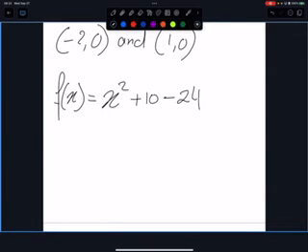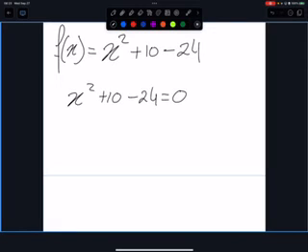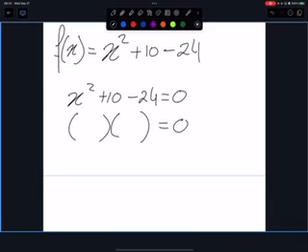Yes? So, they ask you, find the root of this equation. How should you make it? Like this. This is the first step. Because why? Intersecting with the x-axis, my y is 0. And then you factorize.